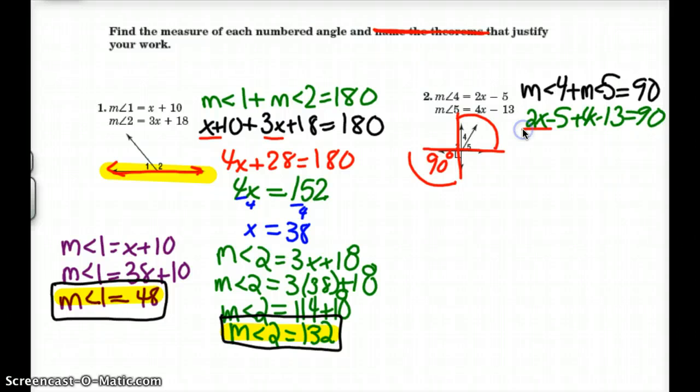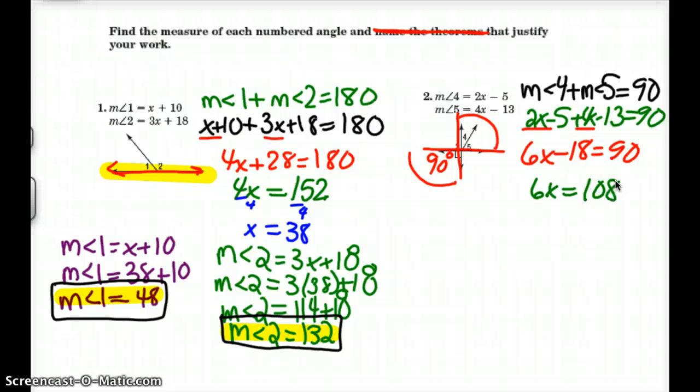So I've got my 2x and my 4x. That gets me 6x. My minus 5 and my minus 13 gives me a minus 18 equals 90. I'm going to move my 18 over. 6x equals 108. And then I'm going to divide by 6. So my x ends up being 18.